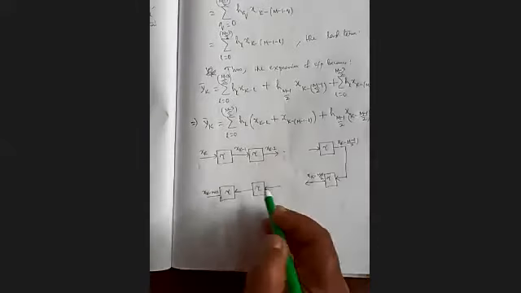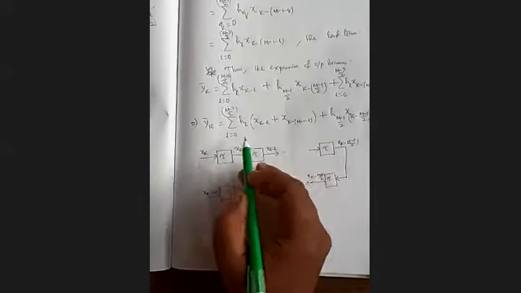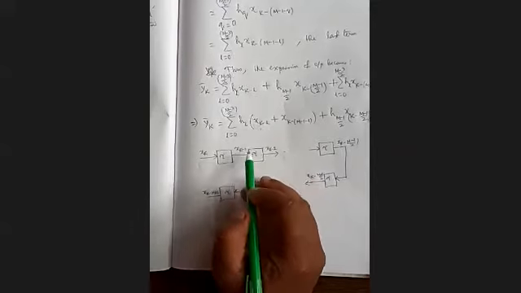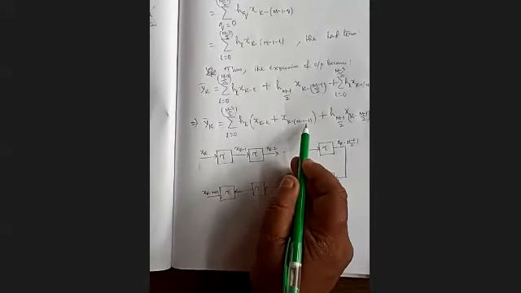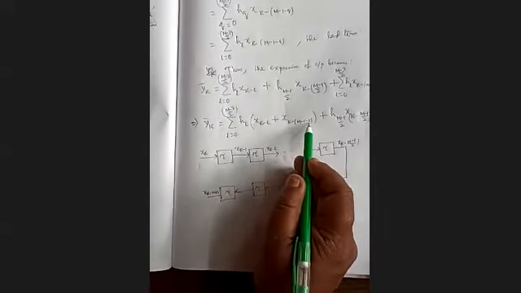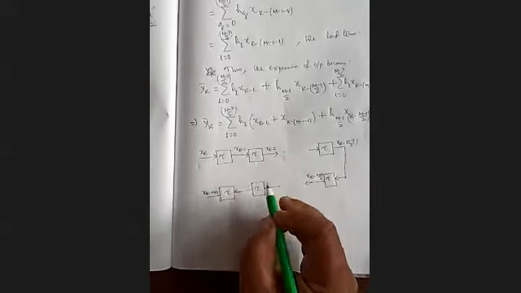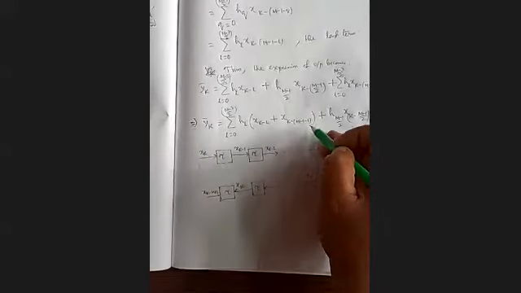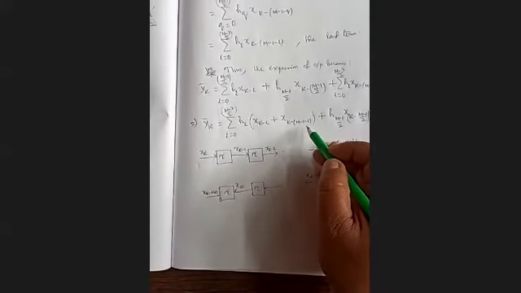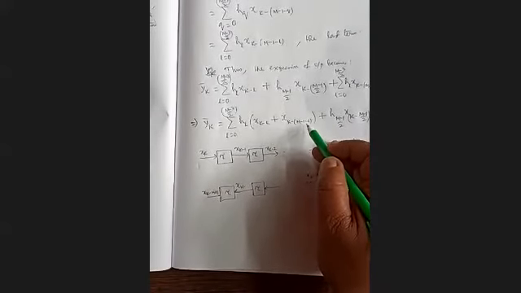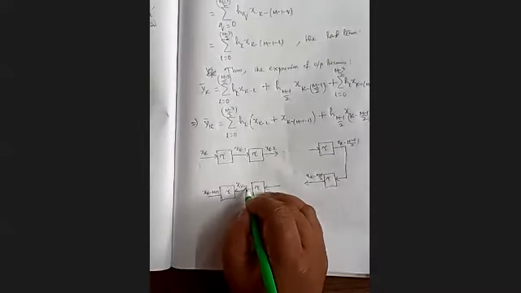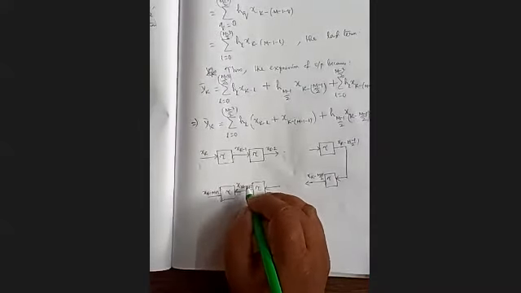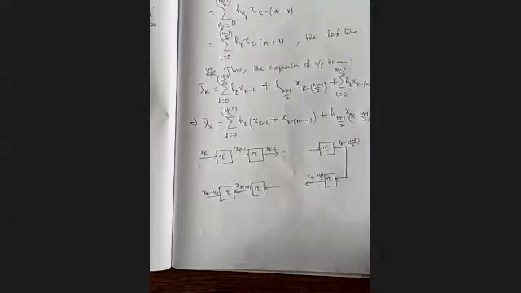This is the last term. The previous one: put L equal to 1. So x k minus 1, and similarly here x k minus m plus 2. That is m minus 2 actually. This way it will be there.